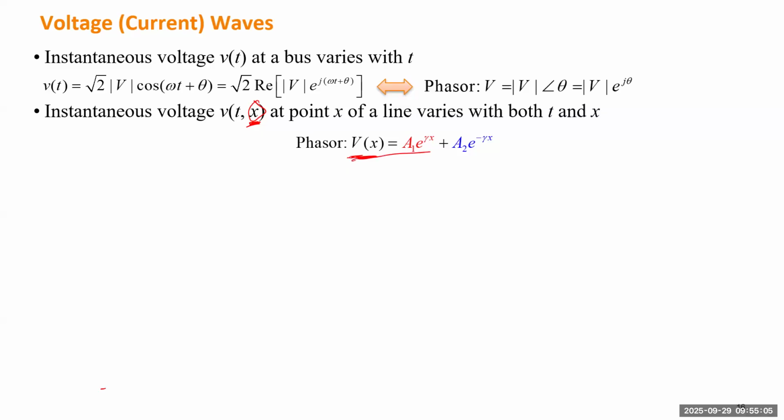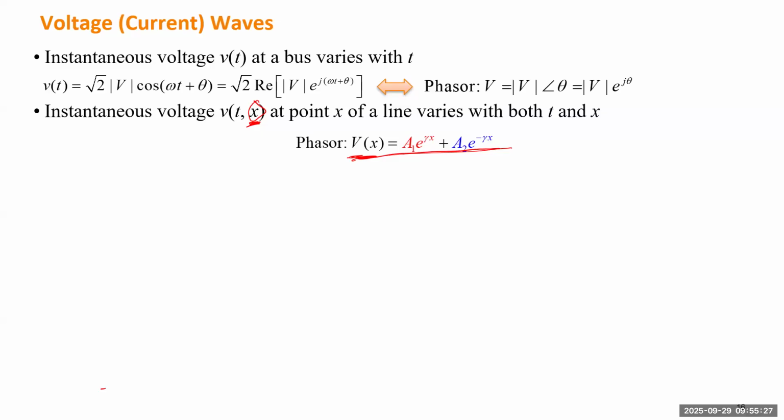Remember, we derived this general solution for the second order differential equation on the line, which has two exponential functions depending on the two eigenvalues, right? Then we utilized the boundary conditions to solve A1, A2. We derived the more accurate formula for voltage.